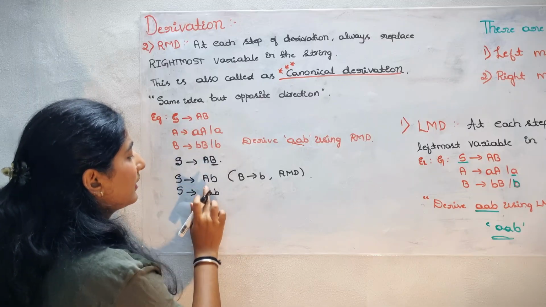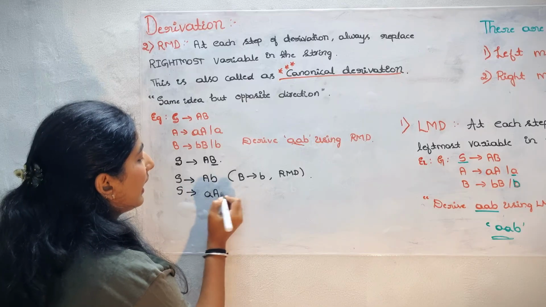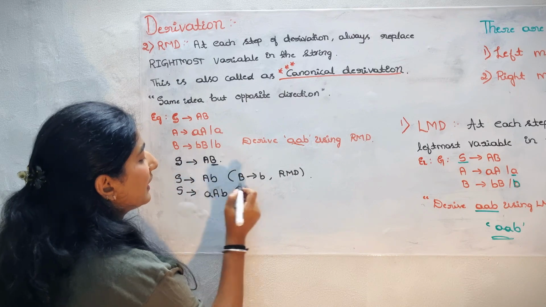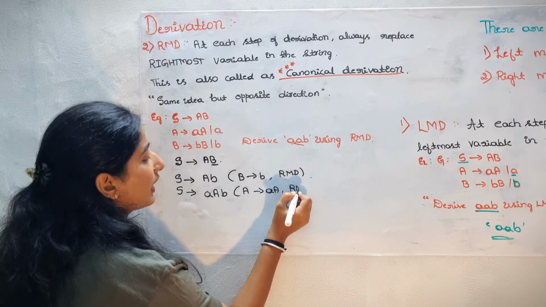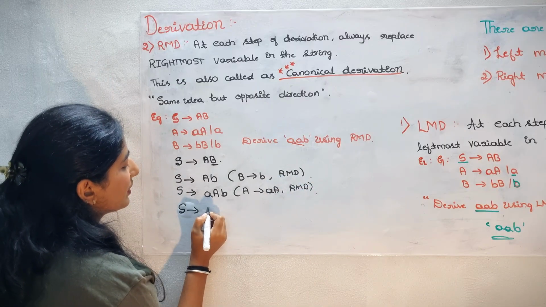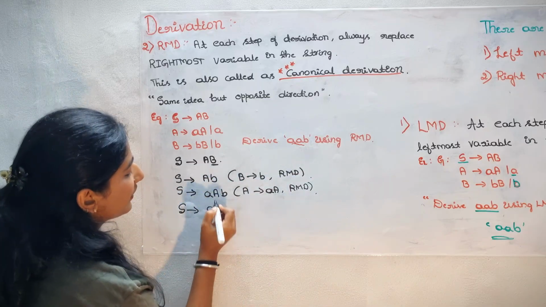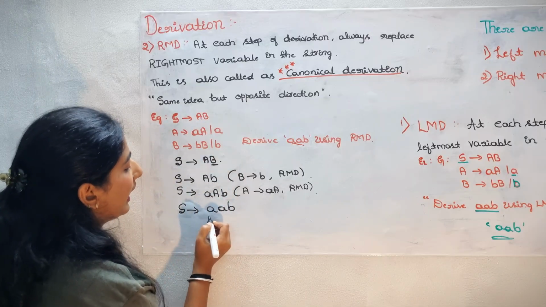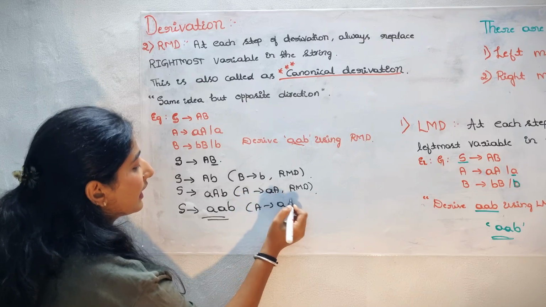So I am taking this one, which means I am taking in the place of A derives A. Okay. Now we have S derives, now again check from the rightmost side, A, and we have A here, we need only A, so A, B, so we got the final string, right?